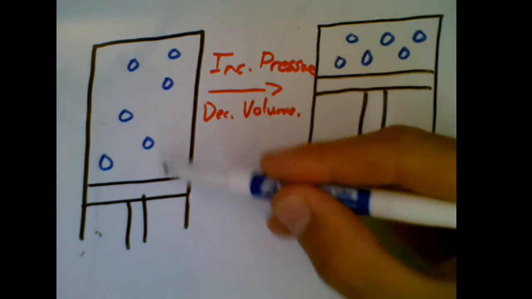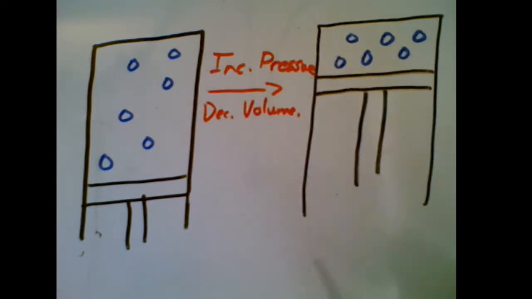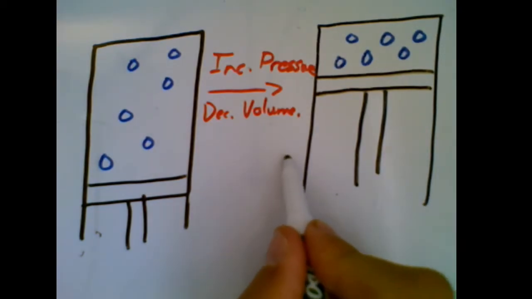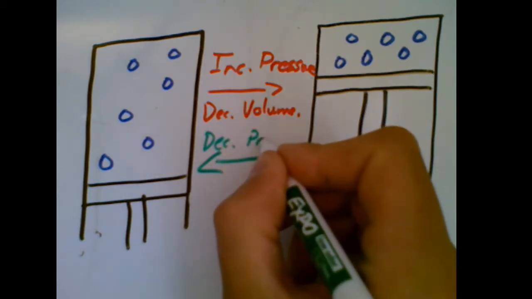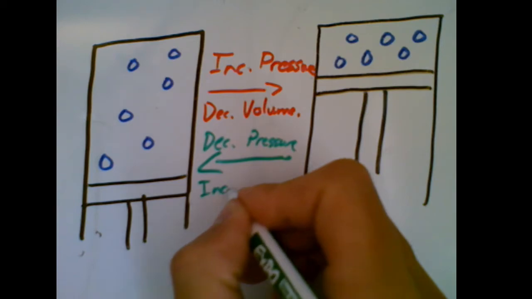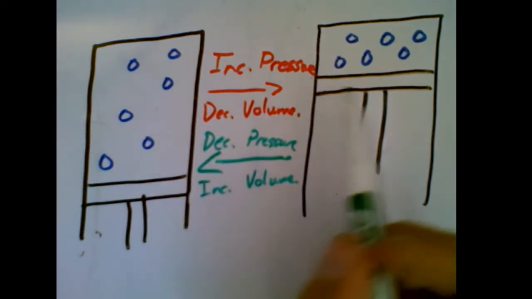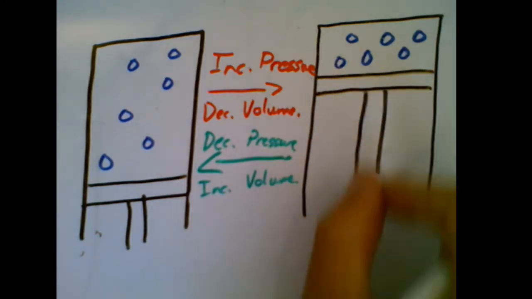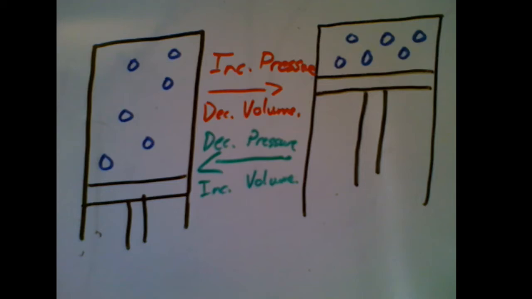So causing this push upwards is an increase in pressure, which is actually the same as a decrease in volume. But we can also think about this going the other direction, where you can have a decrease in pressure. A decrease in pressure is actually the same as an increase in volume. And it's all due to the changing of how much space is available to those particles.